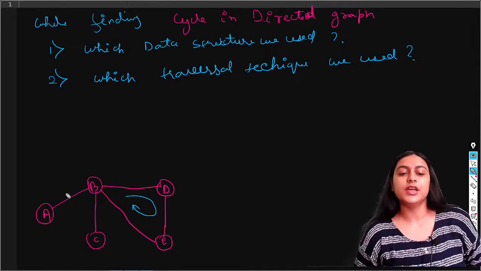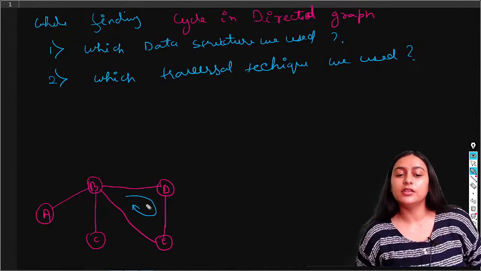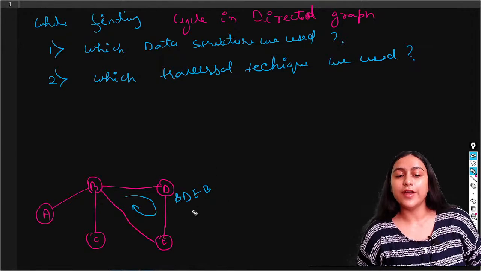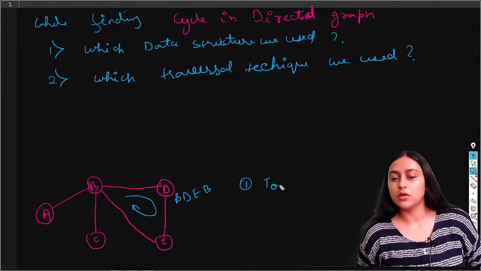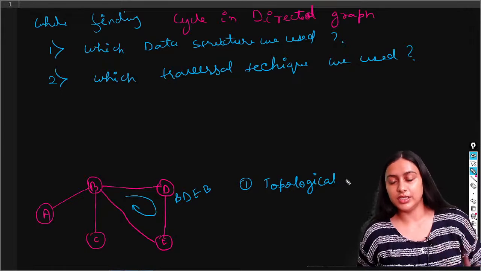Now coming to this undirected graph, the cycle which you can see over here is B D E B, right? To find this cycle we have different techniques. We can do it using topological sort, which I have not taught you yet, I'm going to teach it later on.